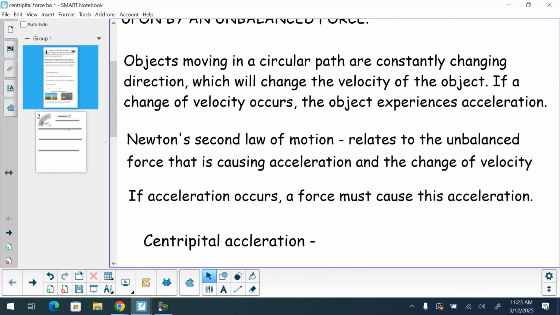Newton's second law talks about an unbalanced force, which relates to the force causing acceleration and a change in velocity. If acceleration occurs, a force must cause this acceleration. Once again, these are all intertwined and connected.